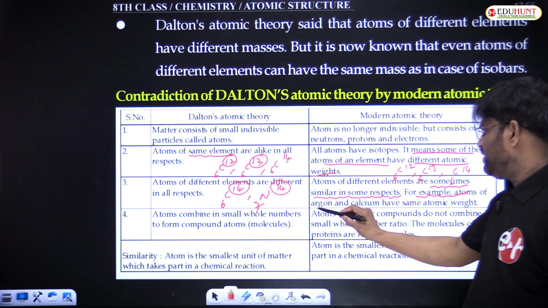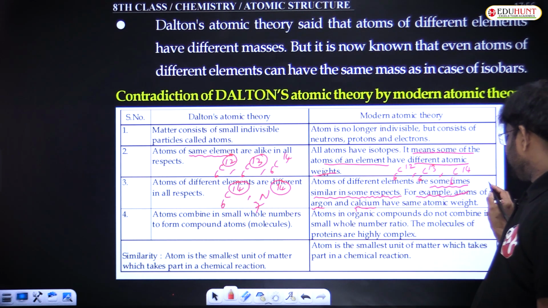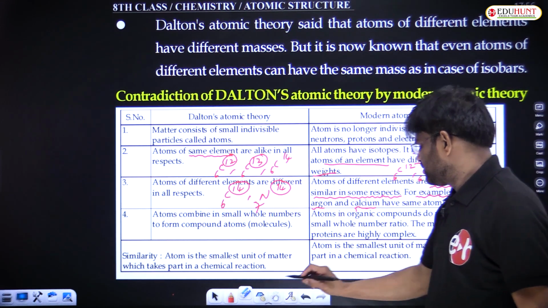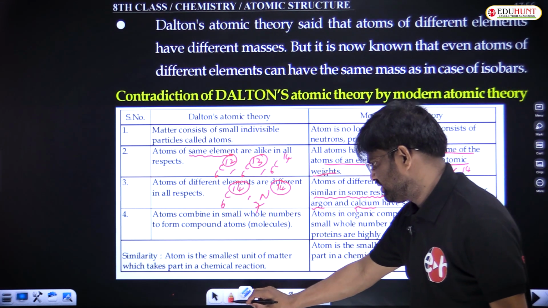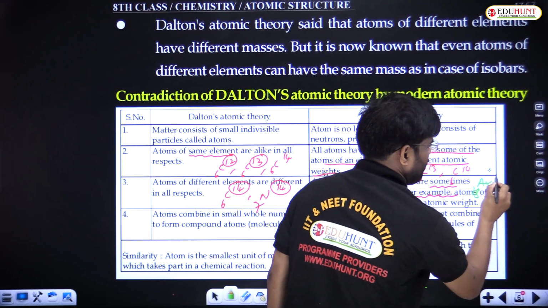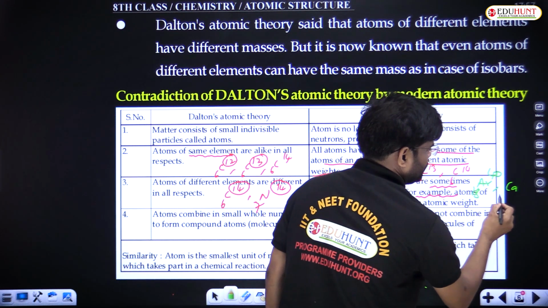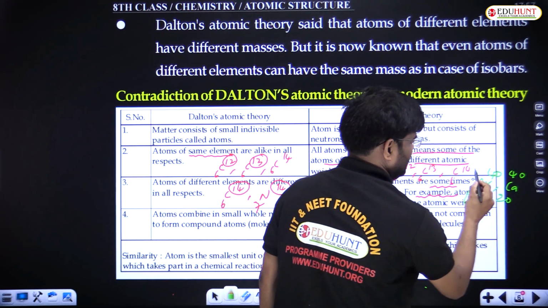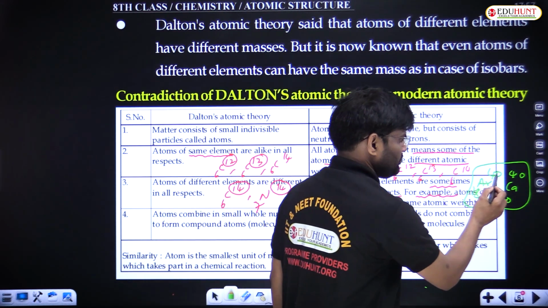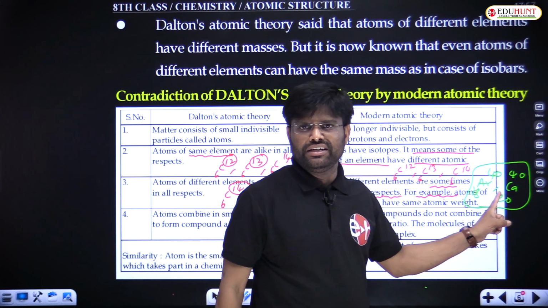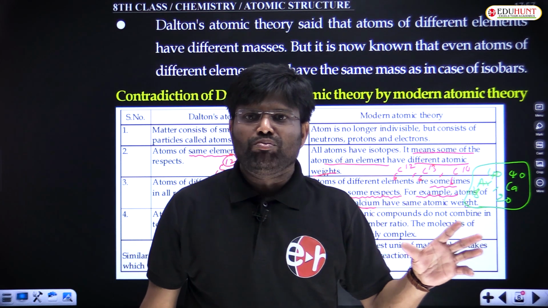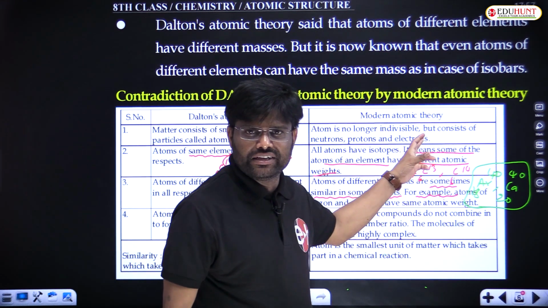For example, argon-40 (18,40) and calcium-40 (20,40). In this case the mass number is the same, 40. Argon-40 and calcium-40: the mass is the same. That was modified by the modern atomic theory.